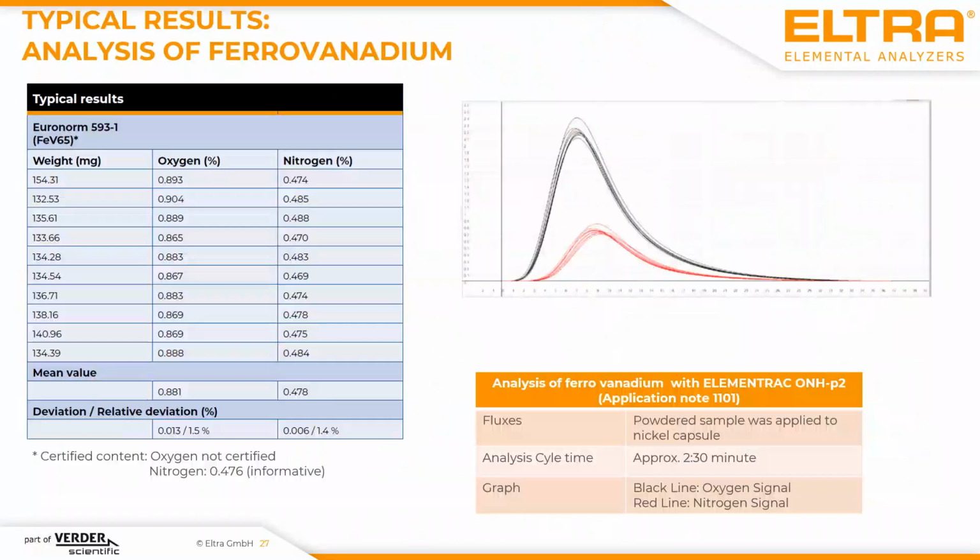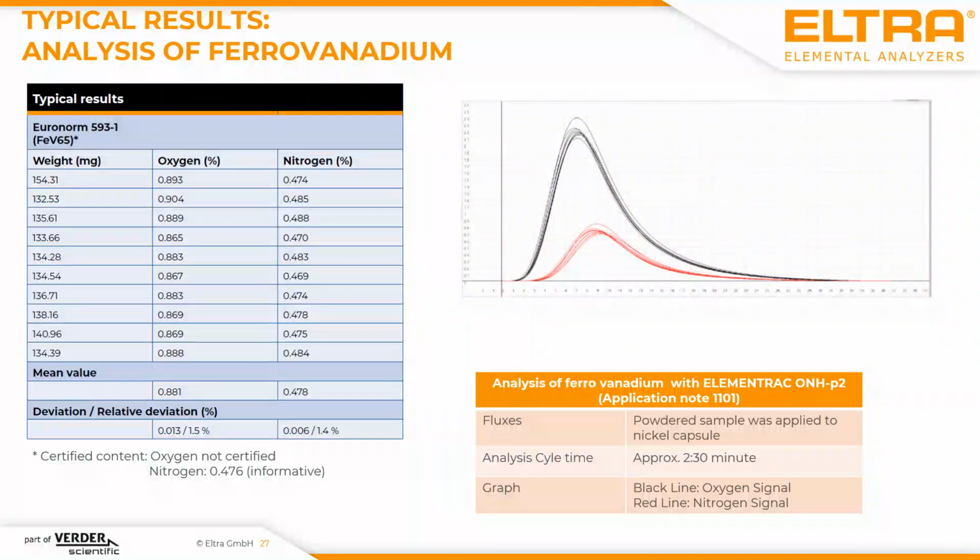And this is a typical example for the analysis of ferrovanadium. We used a medium sample weight of approximately 150 milligrams and measured the oxygen and nitrogen concentration. Here we get an oxygen concentration of about 0.8% and a nitrogen concentration of 0.5%. The deviation, even of multiple samples, is approximately 1% or 1.5%.